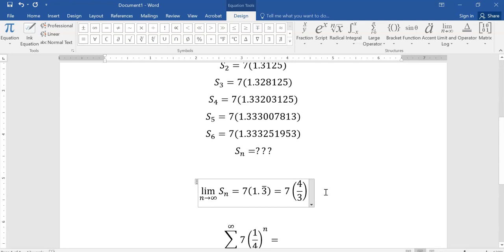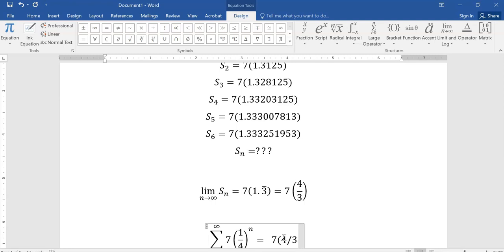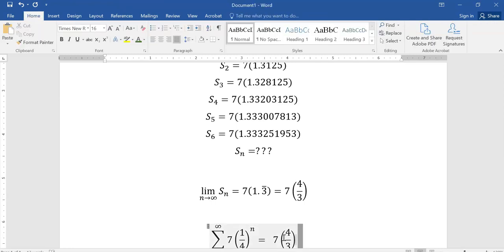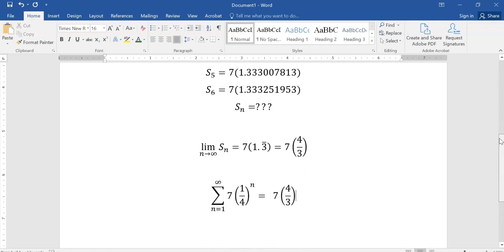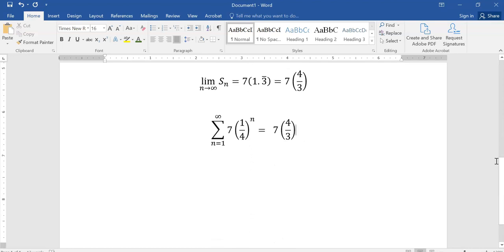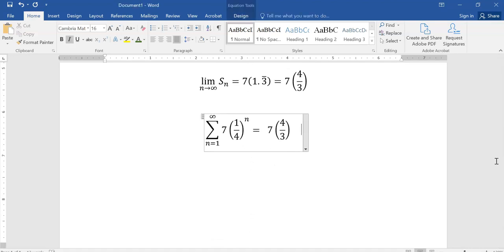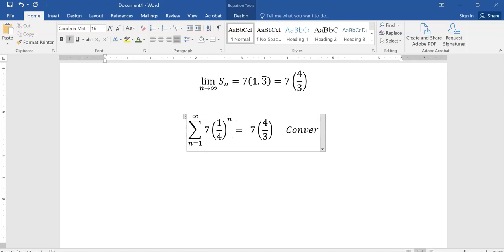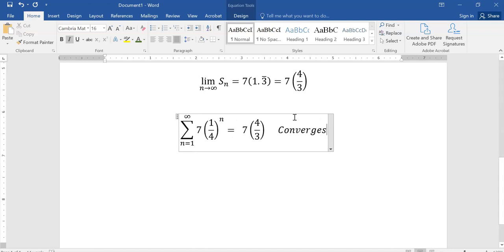Okay? So what's happening here is that this infinite sum is 7 times 4/3. So in fact, this infinite sum does converge to 7 times 4/3. Now you might say, well, wow, how can we get that?